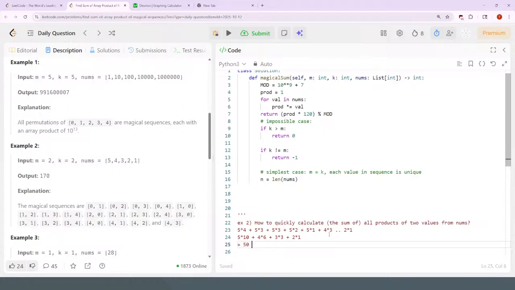That's 50, 24, 9, 2, which is 85. 85 times 2 is 170.